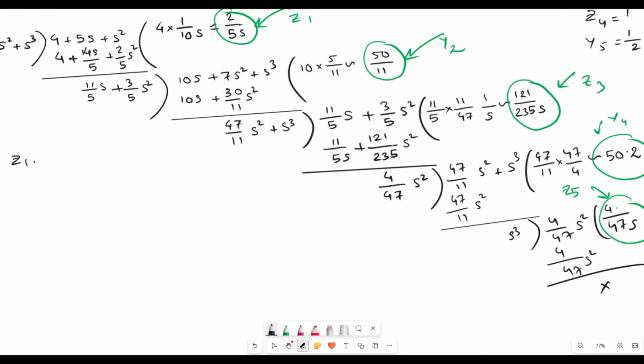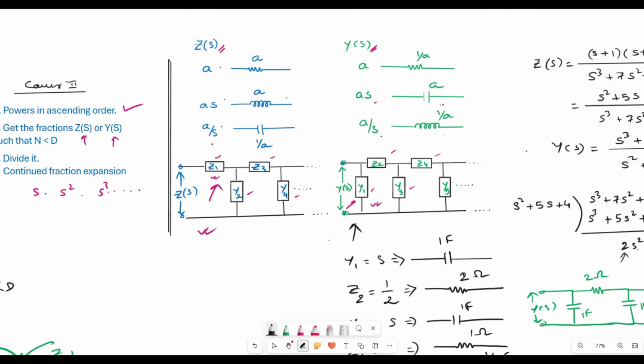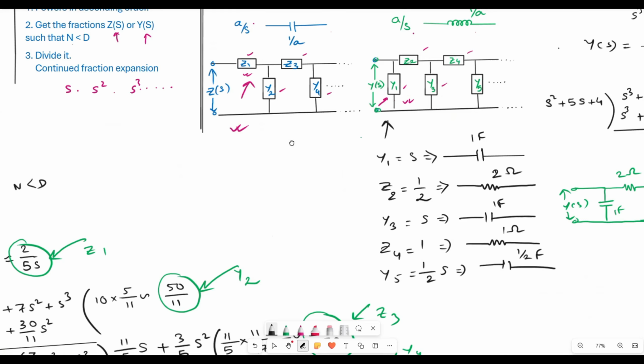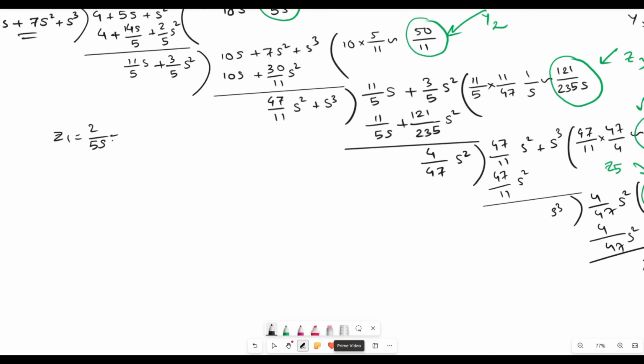For Z1, it is 2 by 5s, which is in this format, a by s, which gives a capacitor with a value of 1 by a. So we will be having here a capacitor with value 1 by a. A value is 2 by 5, so 1 by a is 5 by 2 farad. Then moving ahead, Y2 is 50 by 11, which is a constant term. For a constant term, we have a resistor with value a, so it is 50 by 11 ohm.